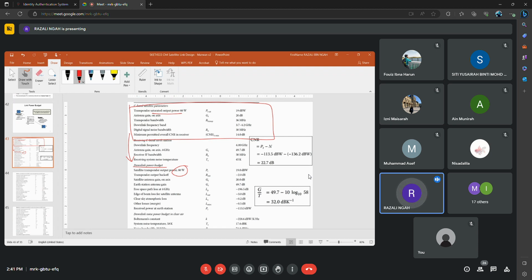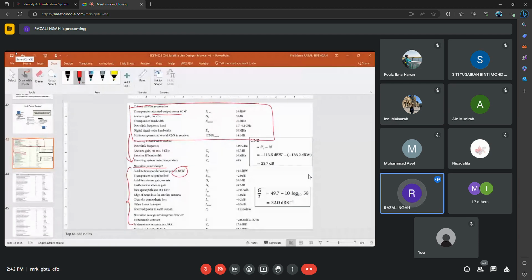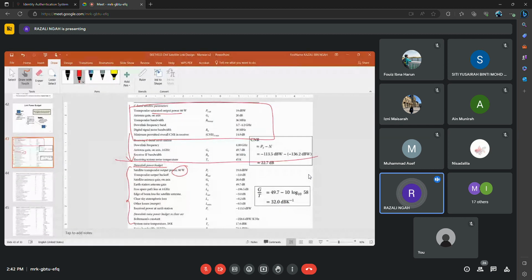Normally you are given the satellite and earth station parameters. Then you need to tabulate them. We call it the link budget, in table form. So this will be provided, and you have to tabulate the power budget.